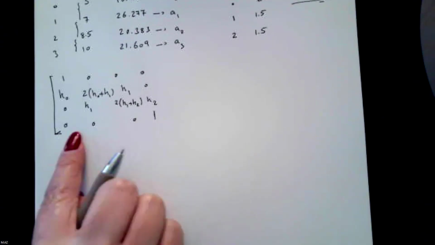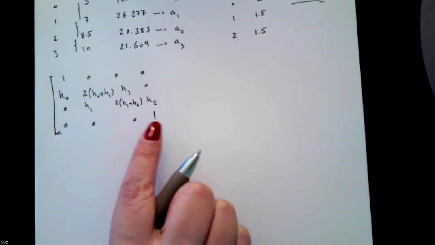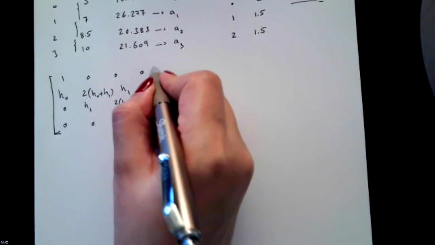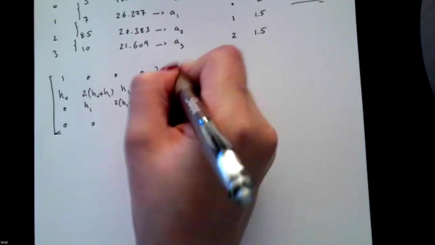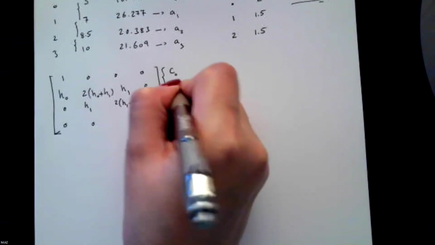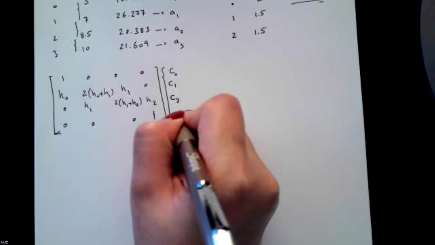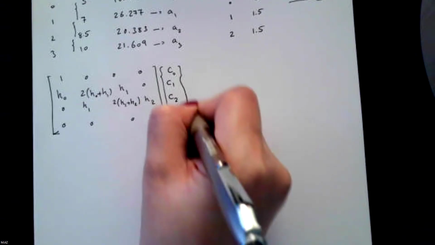This is the condition for the end point. Then C0, C1, C2, C3.